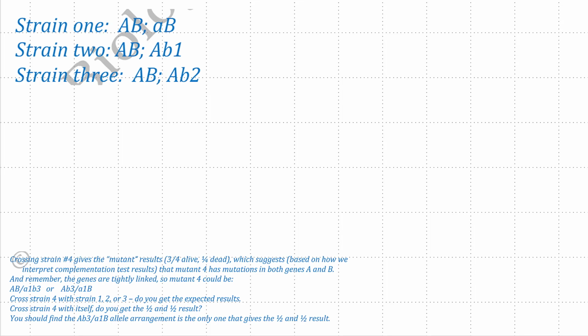I'm going to use ST for strain, ST1, and they tell us that these genes are tightly linked, which means that there is no recombination between them. So I'm just going to call this one ST1, it's going to go with ST2, and this is going to be both wild types.